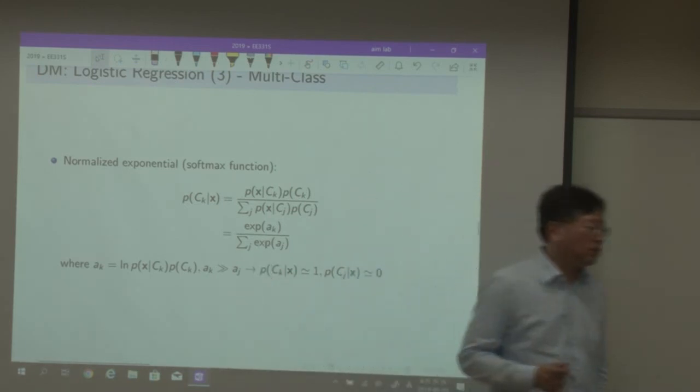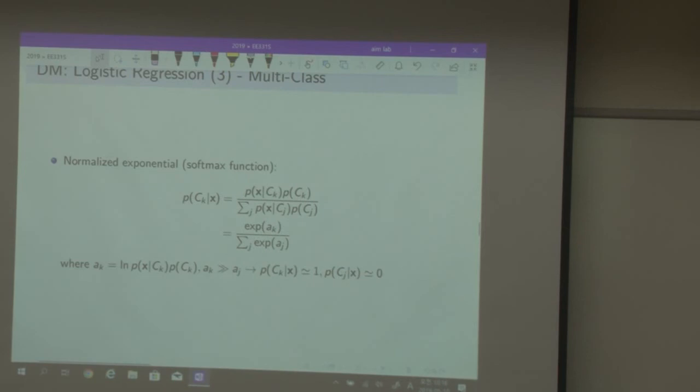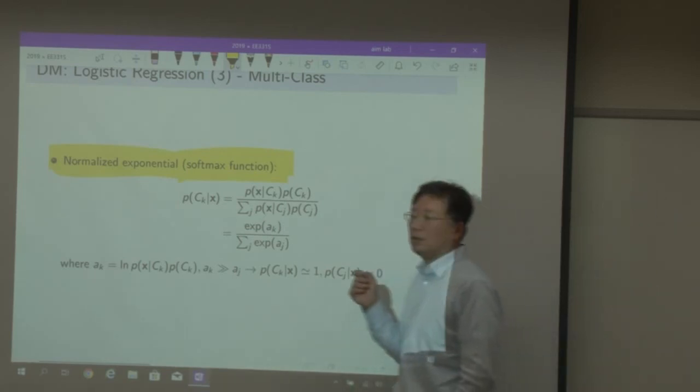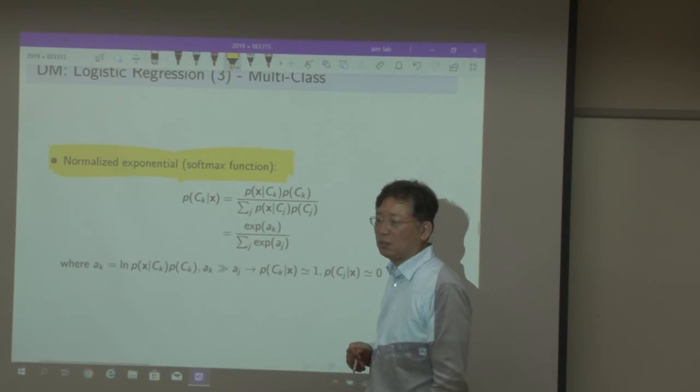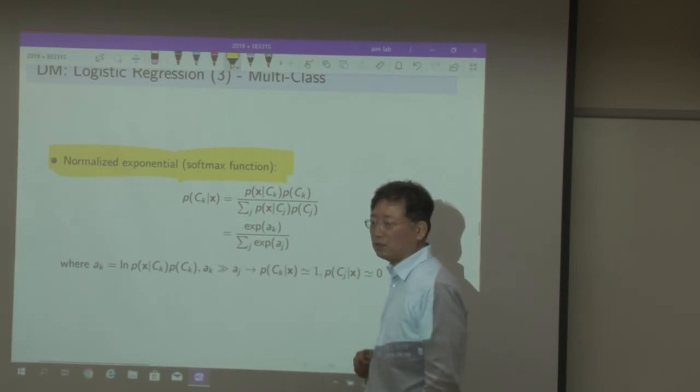The model that we use would be called the normalized exponential, or softmax. It's an extension of logistic regression, which was two classes.